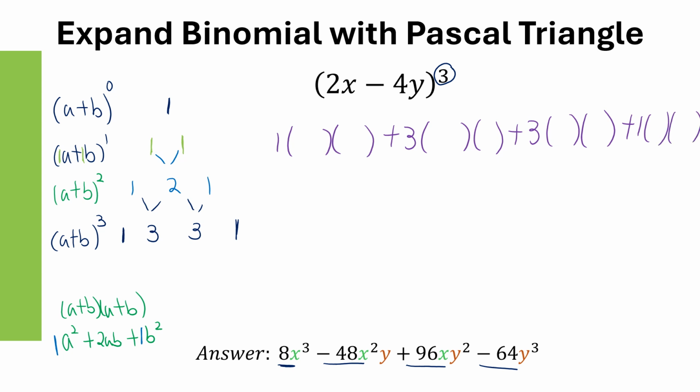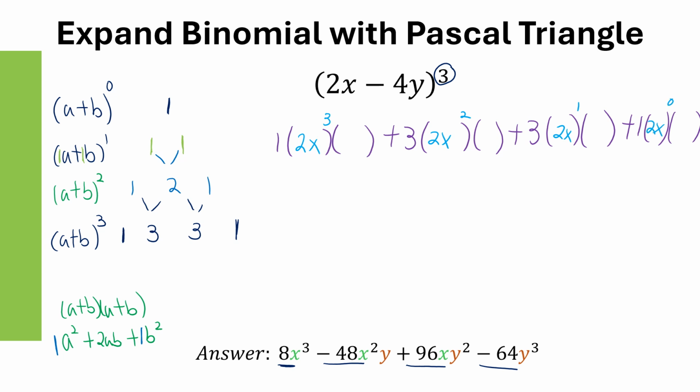So again, a is going to be the 2x. And if you look at the answer, you notice that for the first term, the highest exponent is going to start with 3 because that's our problem, and then it goes down by 1. So I'm going to write down my first term, which is 2x, and the highest exponent is going to be 3. And then the next term is going to go down by 1 each time, so the next one is going to be the first power, and then the 0 power.